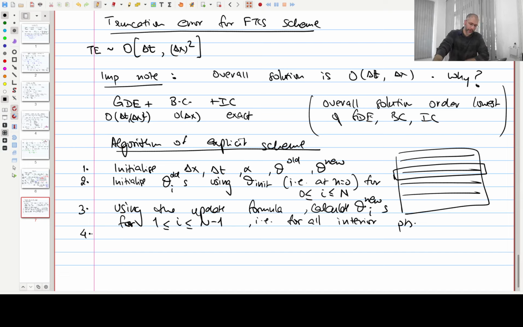Next, we use the update formula to calculate theta i's for all the interior points, as we discussed. So this is theta i new now, because old is already known, so we calculate the new values now.